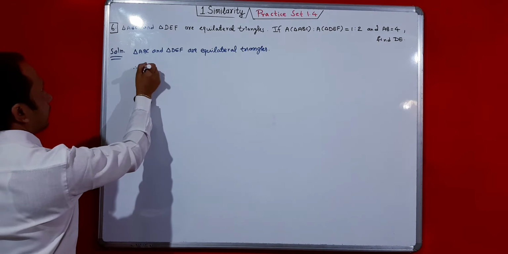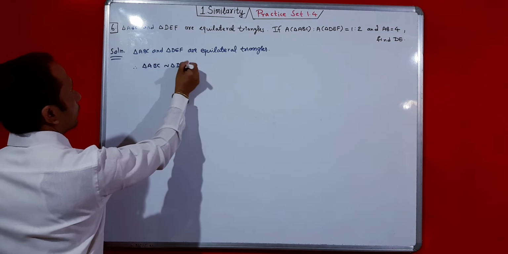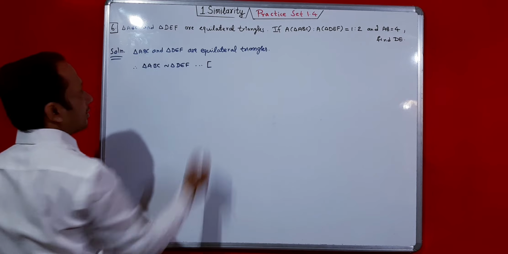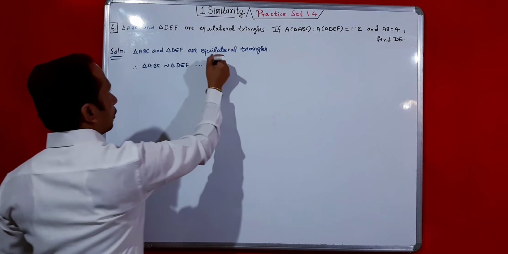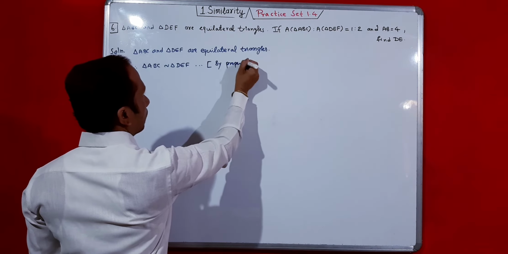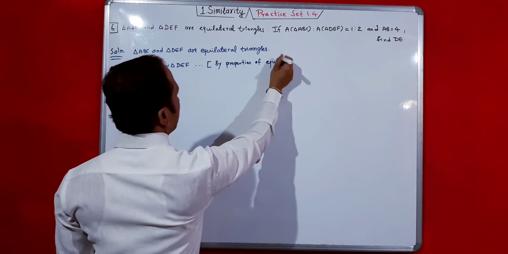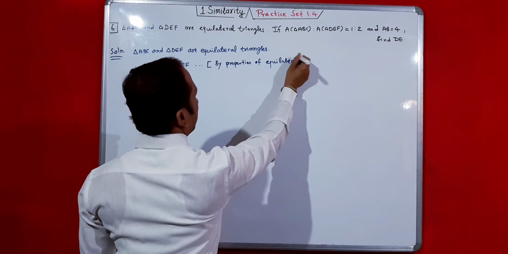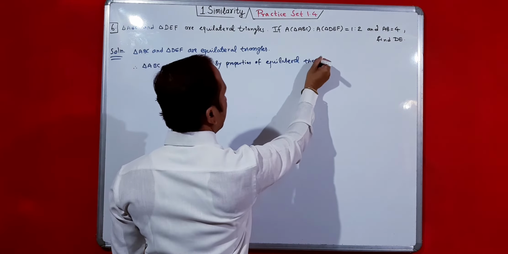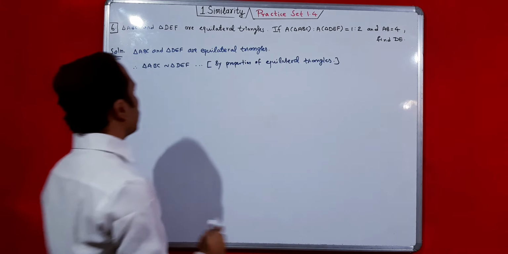Therefore triangle ABC is similar to triangle DEF, because equilateral triangles are always similar, by the properties of equilateral triangles. First you write this.